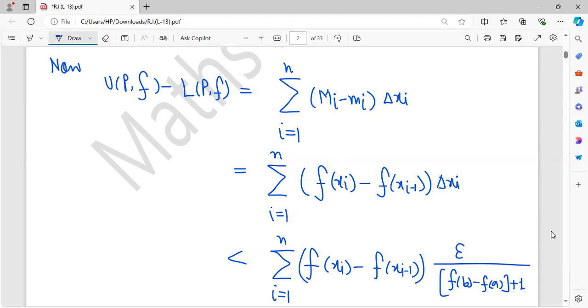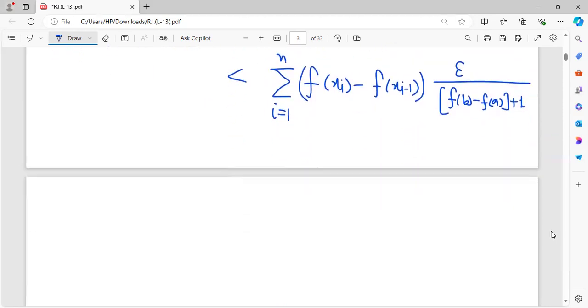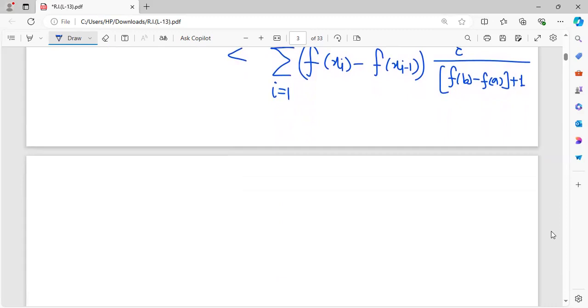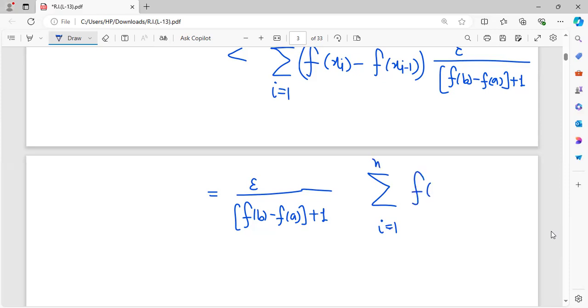Because this is a constant, I can take it outside. So if you take it outside, epsilon upon f(b) minus f(a) plus 1, and this is the summation i goes from 1 to n of f(xi) minus f(xi minus 1).